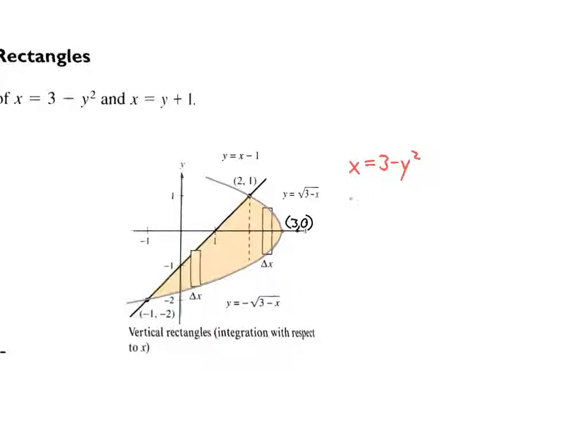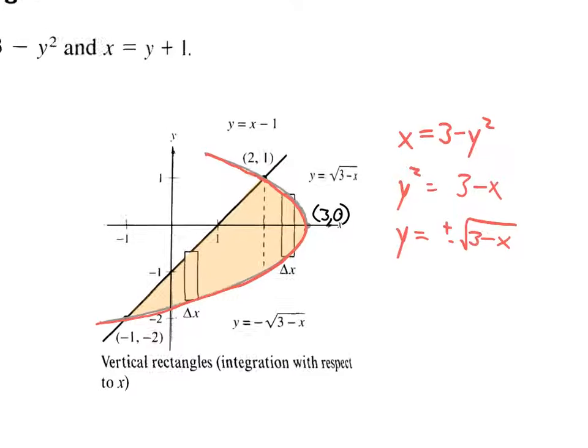Okay? So we'd have y squared equals 3 minus x, and then y would be plus or minus radical 3 minus x. And we would need the plus or minus. Okay? Notice up here you have the positive radical 3 minus x, and here you have the negative radical 3 minus x. And you'll notice here's what makes it hard to do this. Okay?